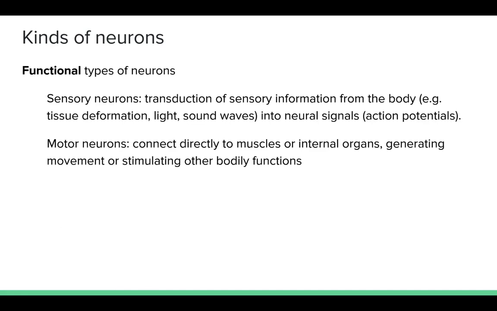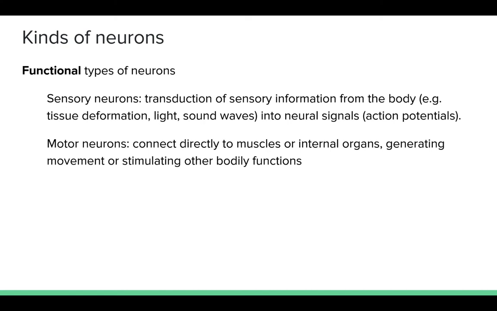Now, another way of classifying neurons is by their function. In general, we can divide neuronal functions into three very broad categories. The first category is sensory neurons. If we imagine our toes at the end of our feet, we're able to sense pressure, we're able to sense vibration, we're able to sense heat and cold.